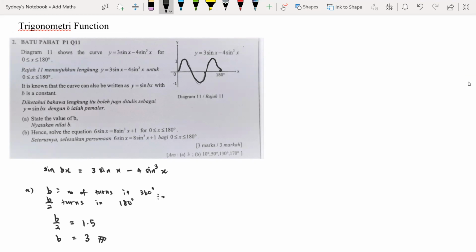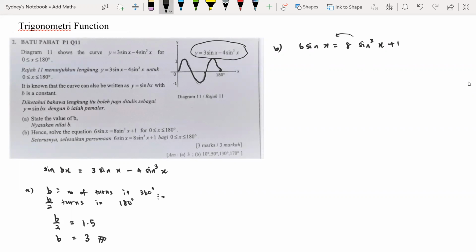For this one, you have to really understand what transformation of graph means in trigonometric functions. Now part B, hence solve the equation 6 sine x equals 8 sine cube x plus 1. Let's rearrange this, because the graph that we draw is 3 sine x minus 4 sine cube x.